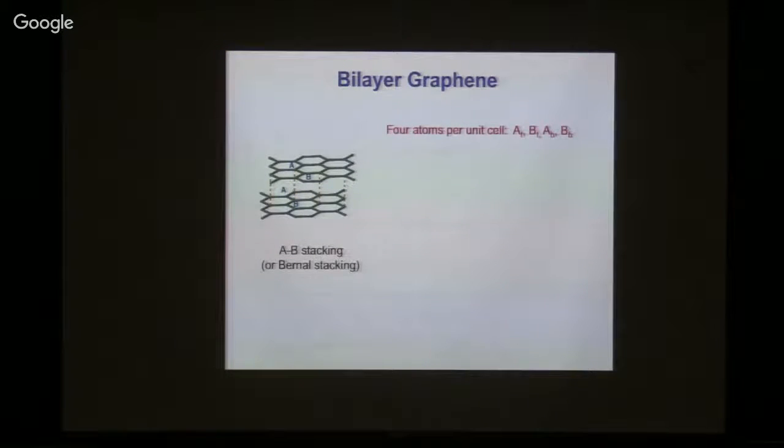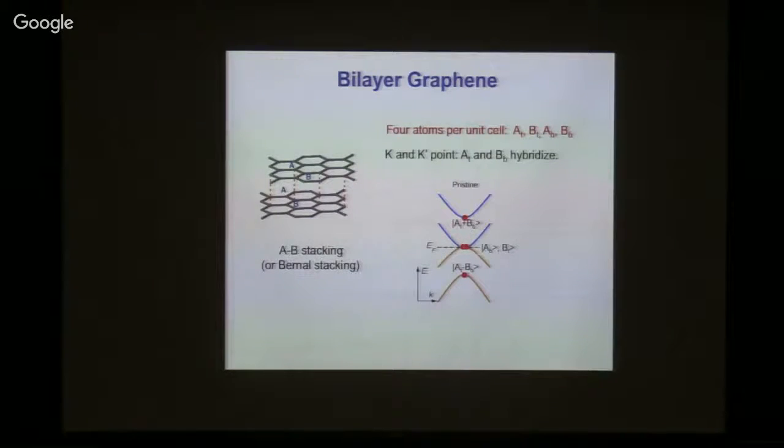So there is some intrinsic way to recognize the A and B sublattice. So once we have this bilayer, the electronic structure becomes quite different due to the interaction between the top and bottom layer. So instead of this linear band, we now have 2 parallel conduction bands and 2 parallel valence bands.